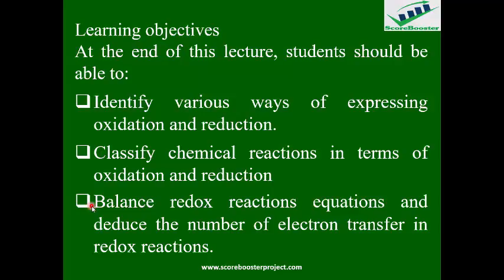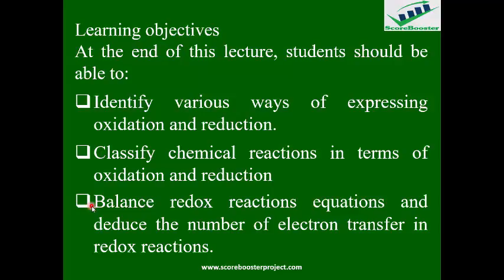Or if it has occurred, how can we limit it? So that is why chemists need to identify ways of expressing these oxidation and reductions, identifying them, and have ways of correcting them if they have happened.